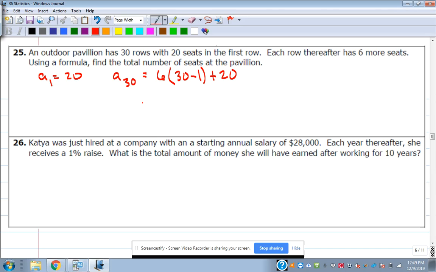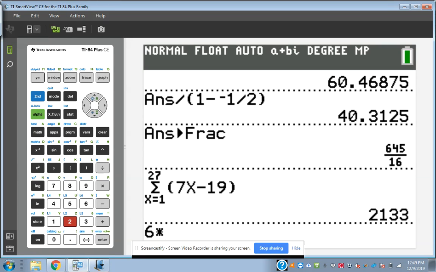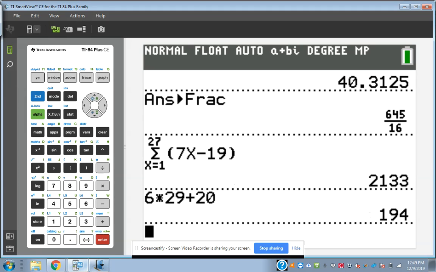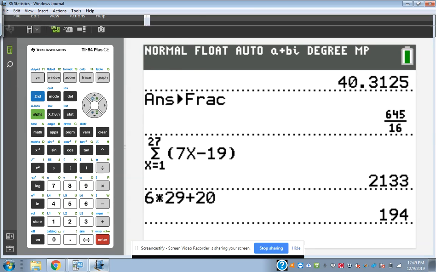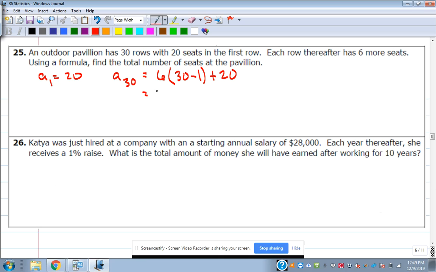Six times 29 plus 20. 194. The 30th row has 194 seats in it. A lot. Okay.